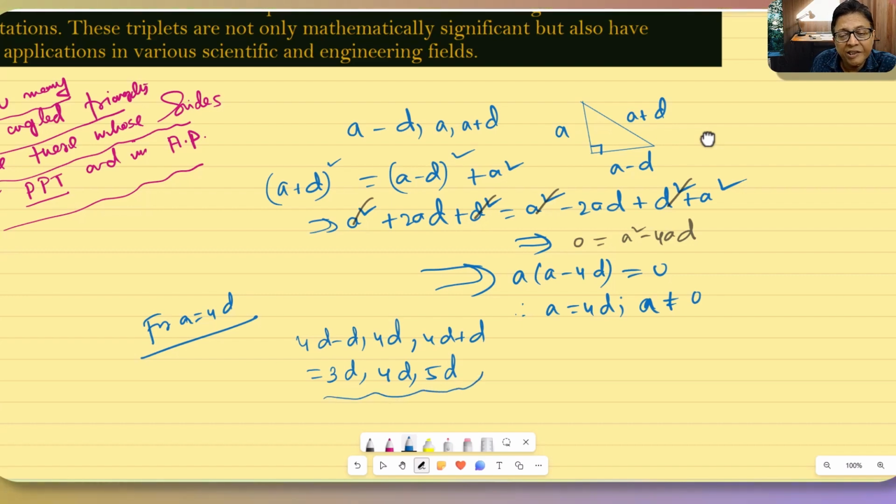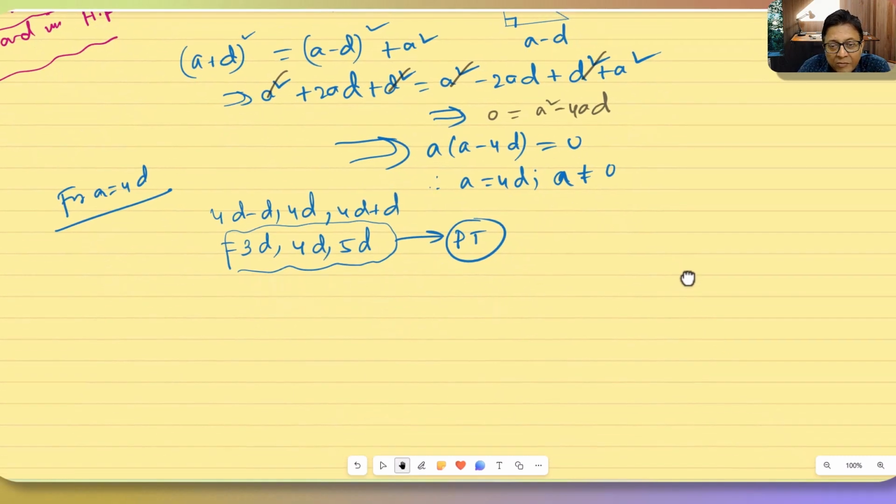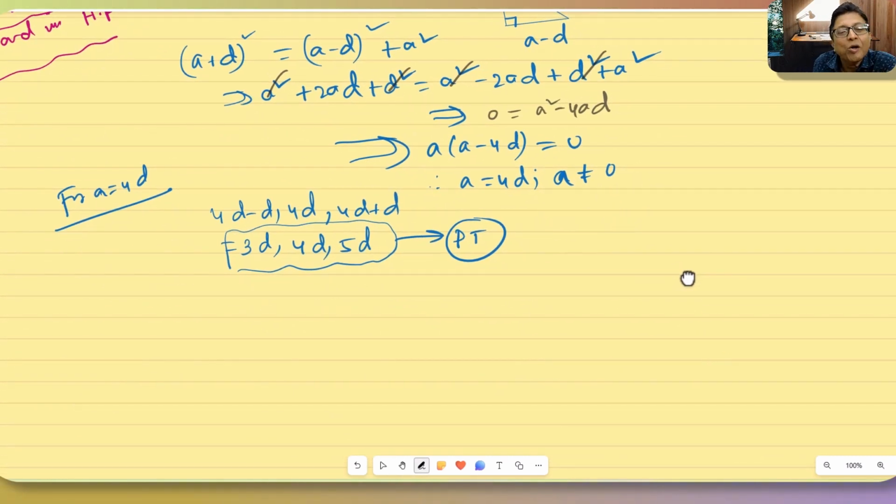Obviously these three are PTs, I mean Pythagorean triplets, but they are not primitive Pythagorean triplets, isn't it? Because D is a common factor, as D divides all.